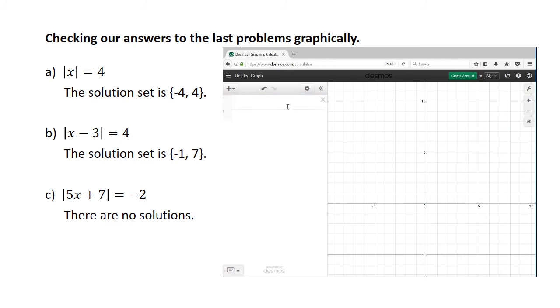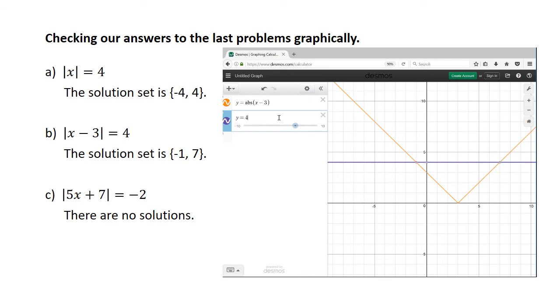So our second equation, the left side was y equals the absolute value. And I'm going to use parentheses here because I want to include x minus 3, all of that. So there's my new graph. Notice that's a little different than the absolute value of x because it's not centered at the origin anymore. Our second equation, or the right side of the equation, would be y equals 4.